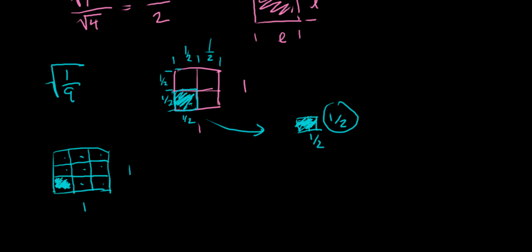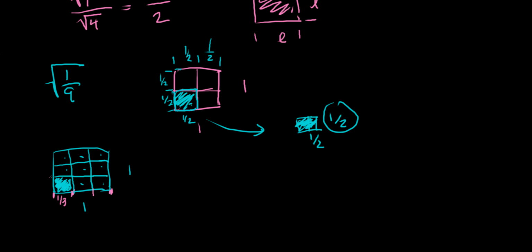How big is this little square then? Well, if I have a total length of 1 from this side to this side, I'll do this in a different color, and I break it up into equal spaces, 3 separate ones, that means this is 1/3 here.